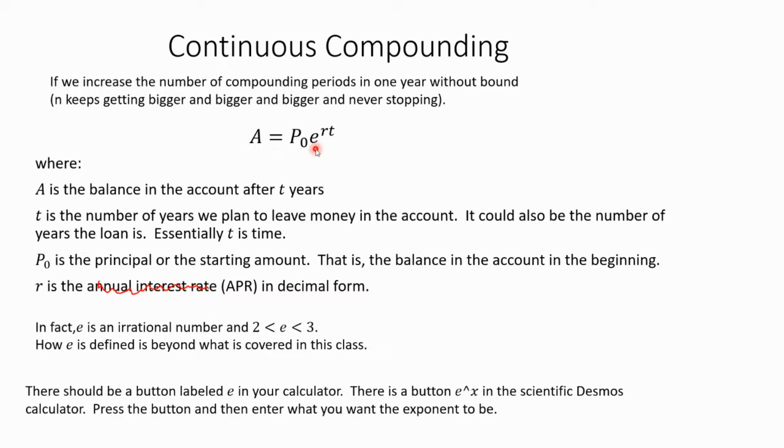We do have an exponential function, it's just that e will represent that base. How you actually define it and where it comes from, for that you would need calculus. But again, this is what would happen if it was compounded all the time.